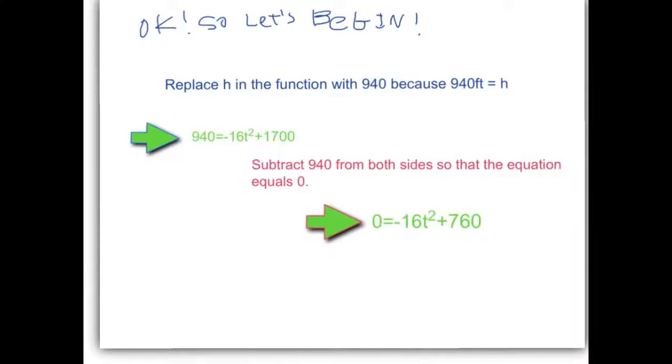Okay, so let's begin. Replace h in the function with 940 because 940 feet is equal to your height. So it should be 940 is equal to negative 16t squared plus 1,700. Subtract 940 from both sides so that the equation is equal to 0, or 0 equals negative 16t squared plus 760.